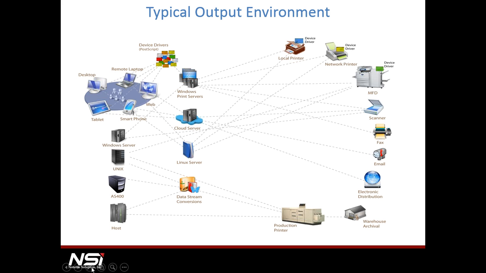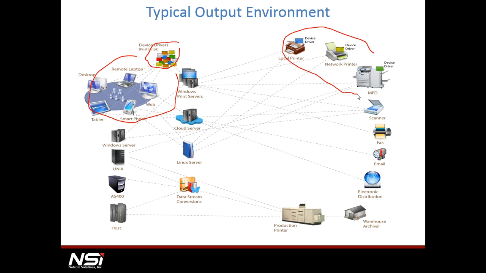If I just start here on the top left, you see with an office environment, typically, even in the office environment, you have people which are working in the office, you have people which work from home, you have people who bring their own devices into the company, which are typically tablets or smartphones, but you have remote workers, etc. And these people use a variety of different printer drivers which sit on print servers, and they are connected, of course, to all the office devices. Typically, we're talking here local printers, network attached printers, and MFDs.